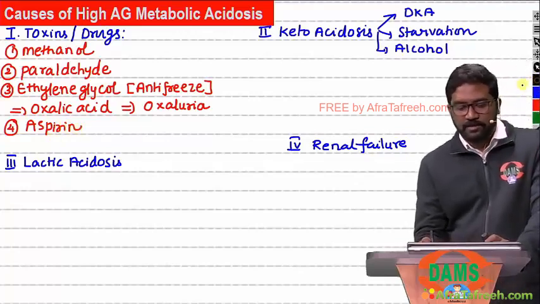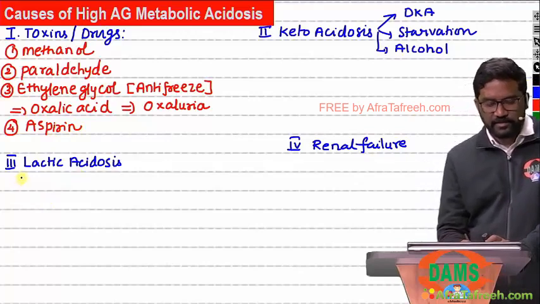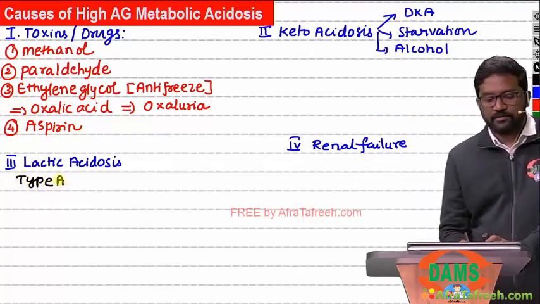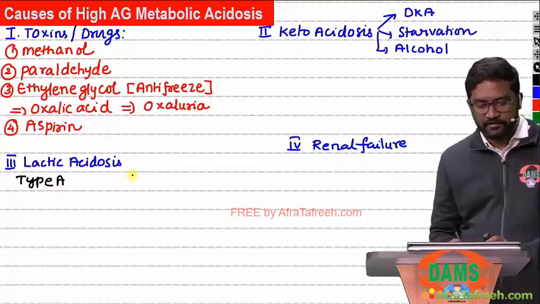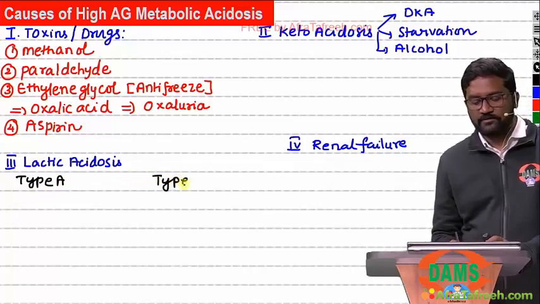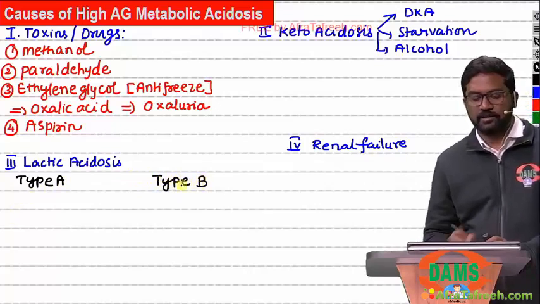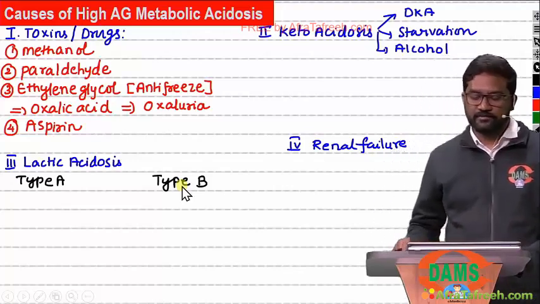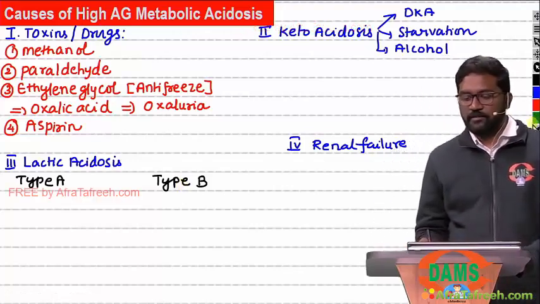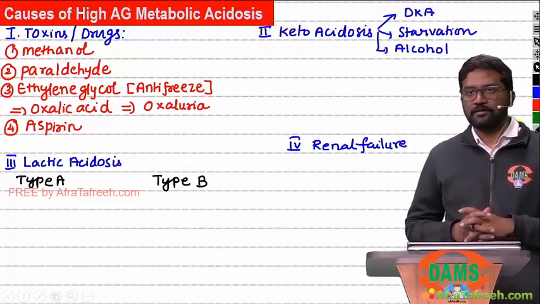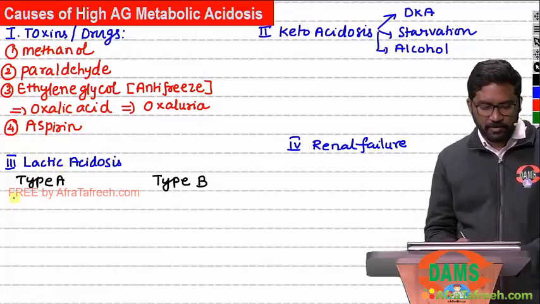Now coming to lactic acidosis, it is further divided into type A lactic acidosis. It is the regular lactic acidosis, and we have the unusual lactic acidosis, that is type B lactic acidosis. So when will lactic acidosis generally happen? As a part of anaerobic metabolism, either decreased perfusion or oxygenation.